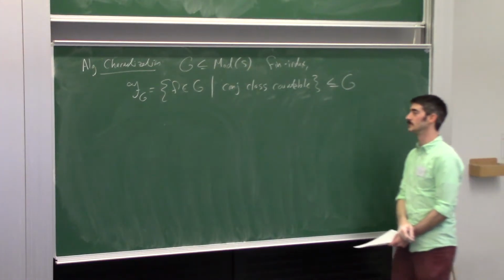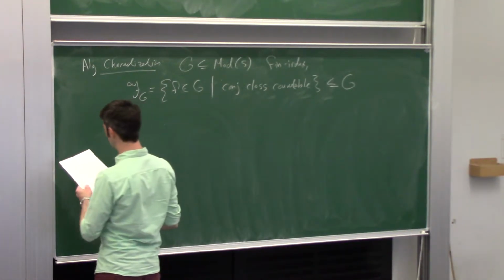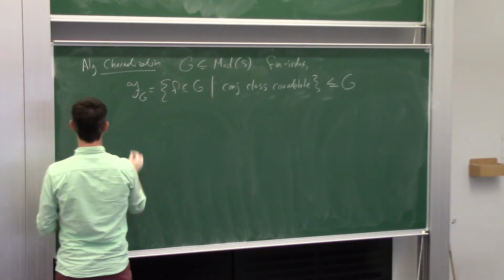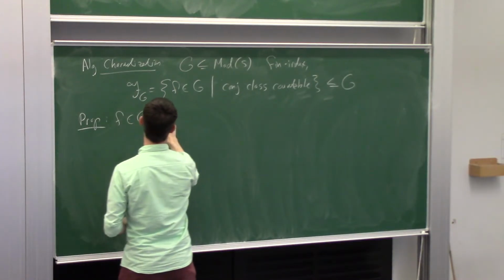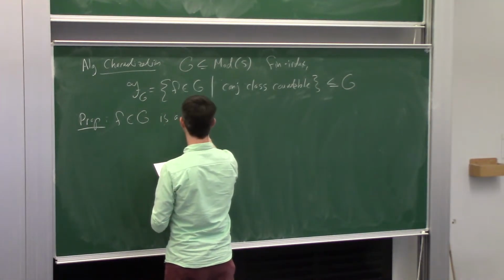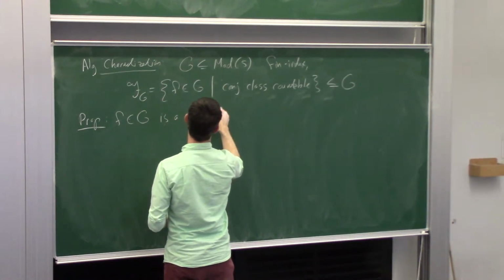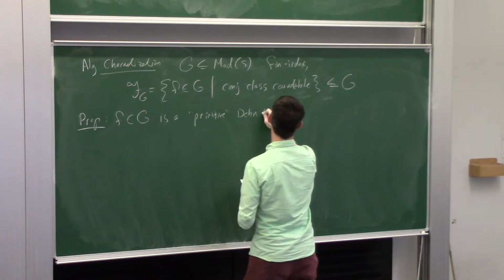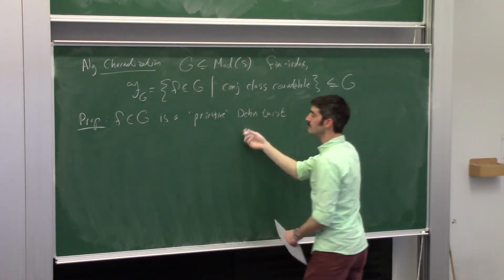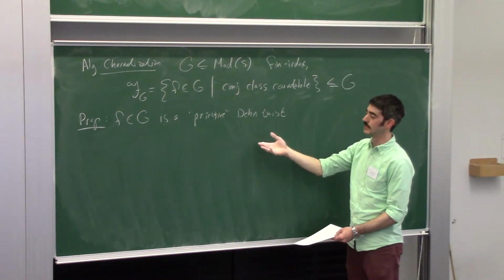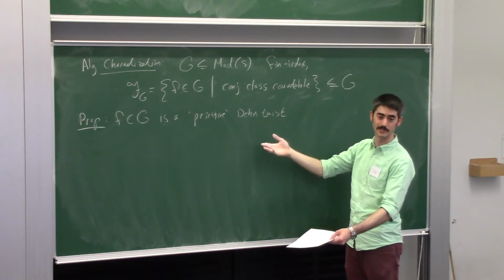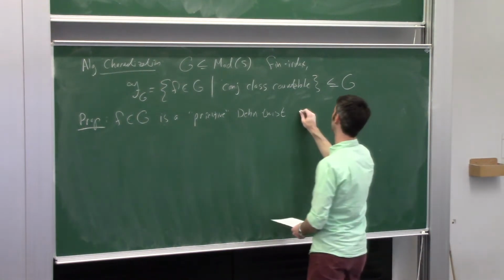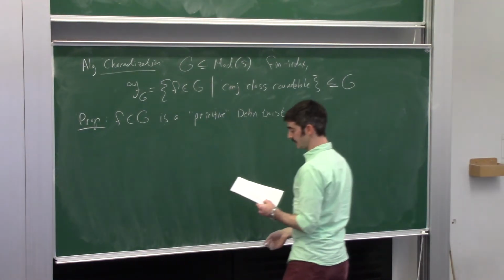So now I have a kind of proposition here. f in G is a primitive Dehn twist. By primitive, I mean any Dehn twist might have to be raised to a power to be in G, so I take the least such power so that it's in G. It's a primitive Dehn twist if and only if the following conditions hold.